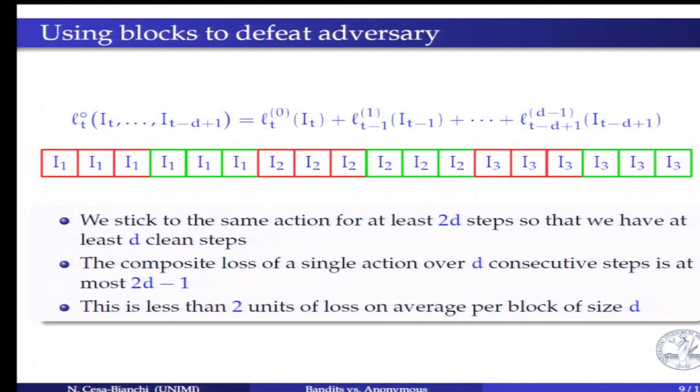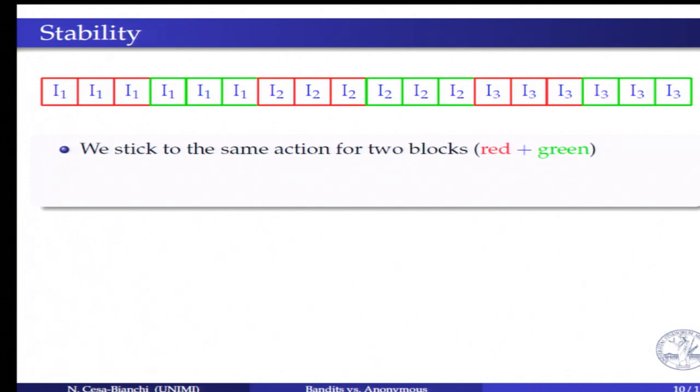So it means that on every second half of each block of length 2d, I will have 2 units of loss on average for each step of these blocks. So now I have made a reduction, at least on the green blocks, and I have a clean bandit model on the green blocks.